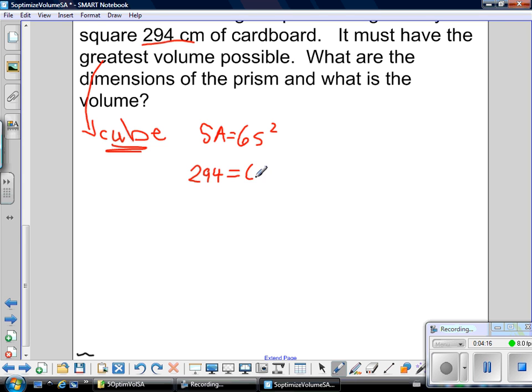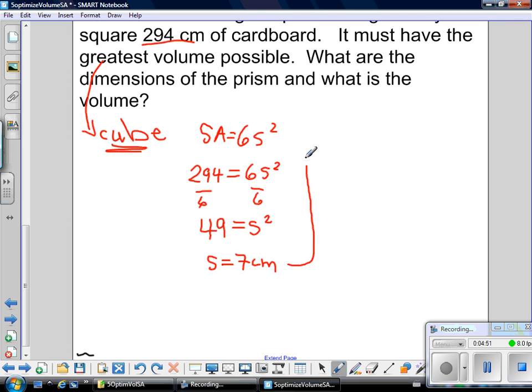The surface area has been given to me, and what I can do now is solve for s. The first thing we're going to do is divide both sides by 6, and when we do that, we end up with our left side being 49, and that is s squared. In order to find s, we take the square root of both sides, and the square root of 49 is 7. So we know our side length is 7 centimeters.